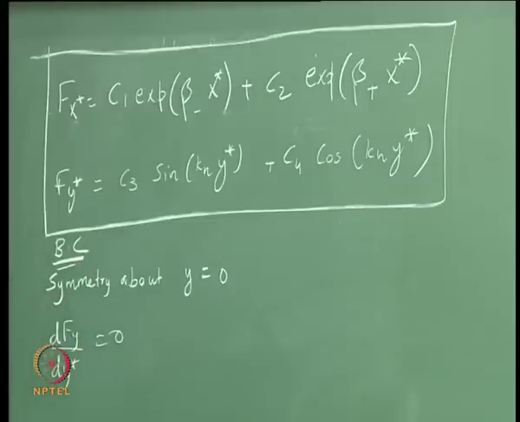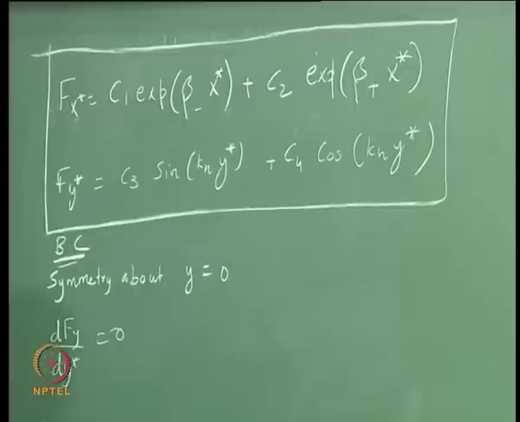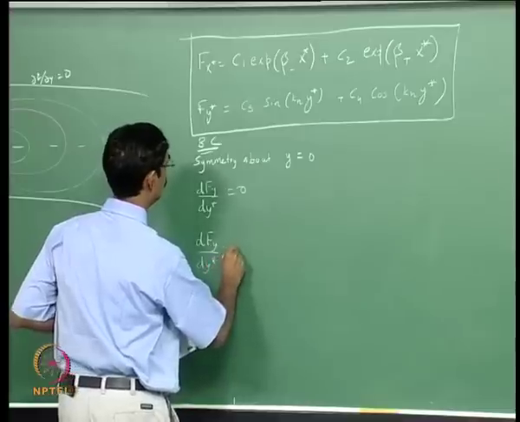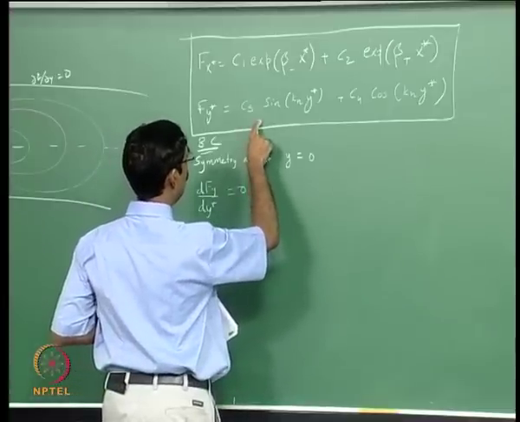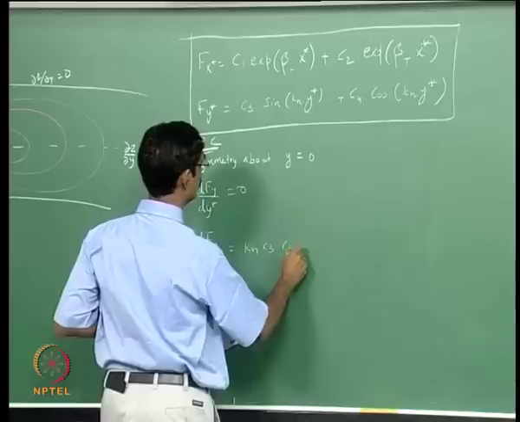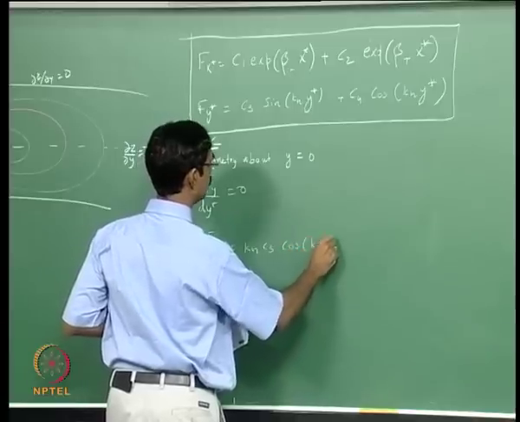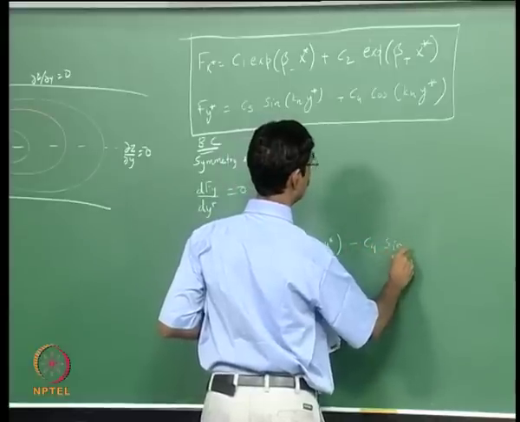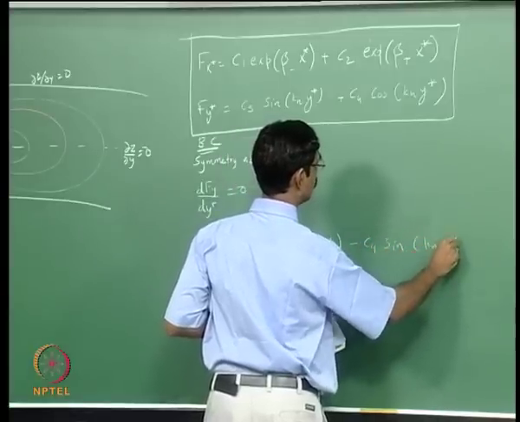So what would this give? Let us differentiate. This will give kn C3 cos kn y star minus C4 sin kn y star.